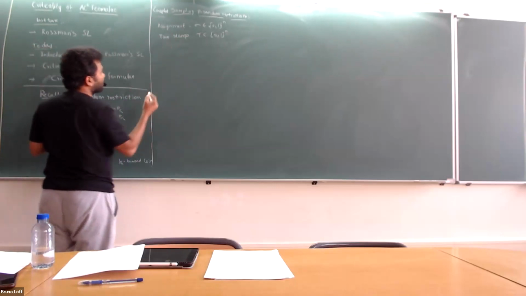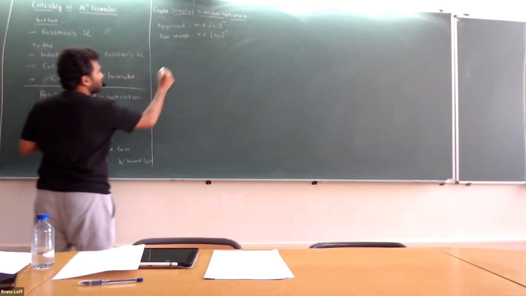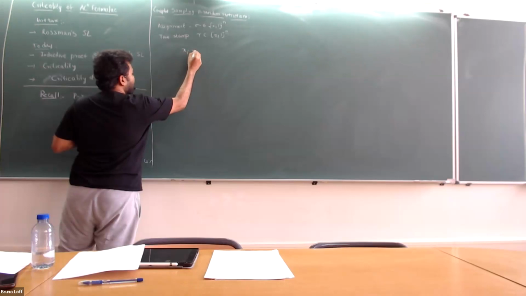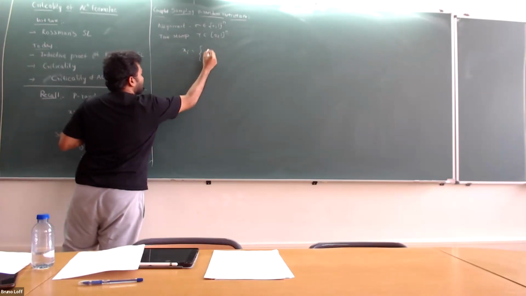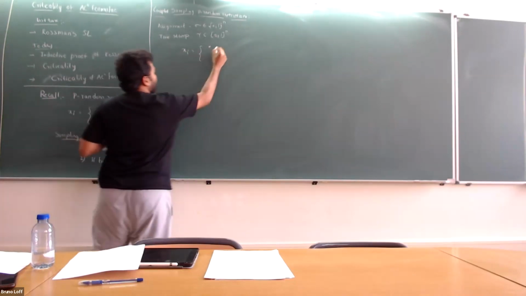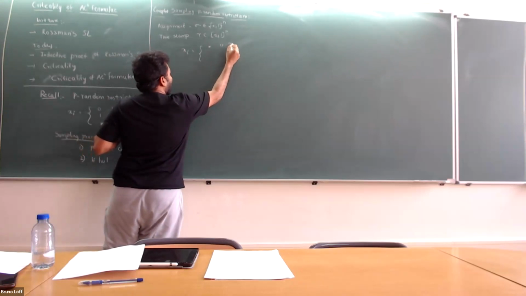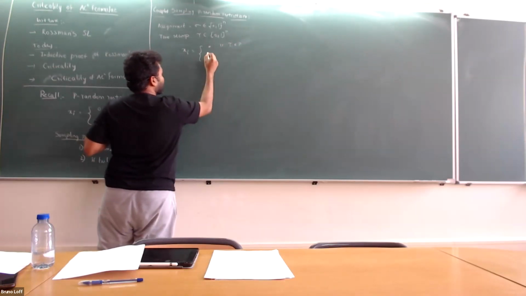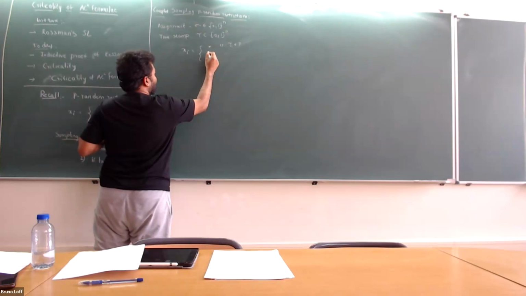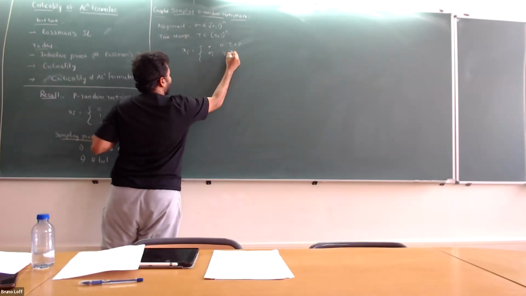And how do you obtain a random restriction out of it? Again, you will say x_i is star if y_i is less than p, and equals sigma_i if y_i is greater than p.